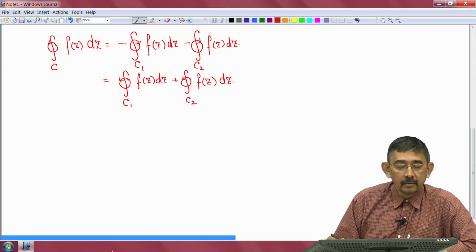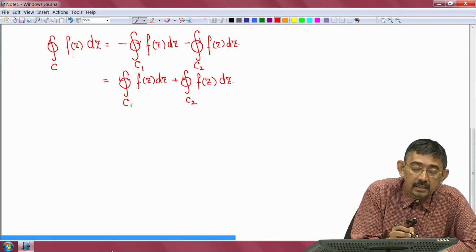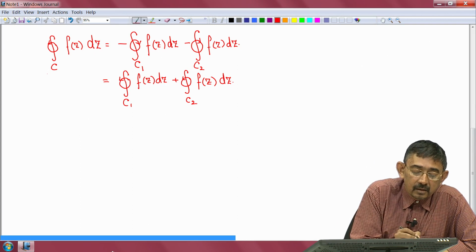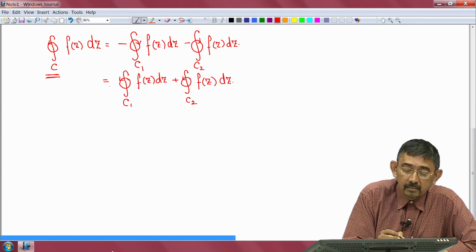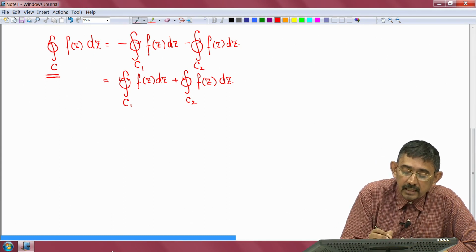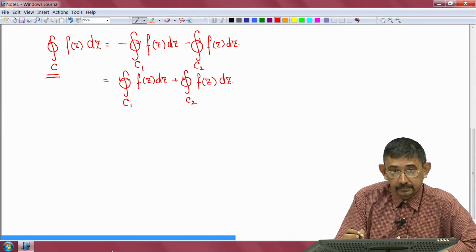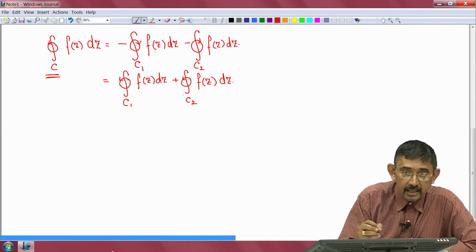Okay. Now, you see the integral of f of z on the outermost contour is a sum of integrals of f of z along C1 and C2, which are contours inside.